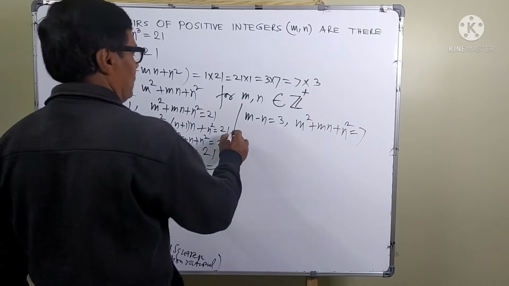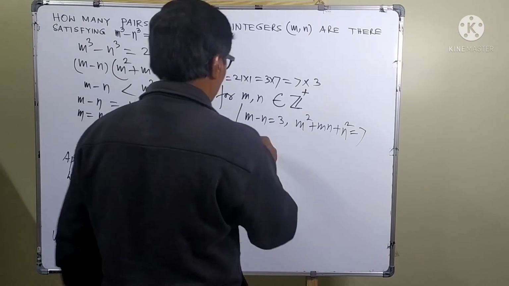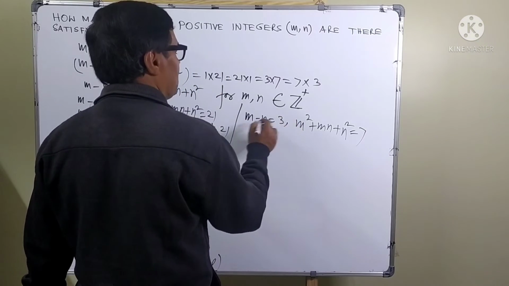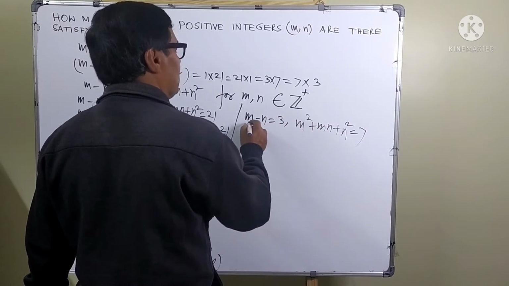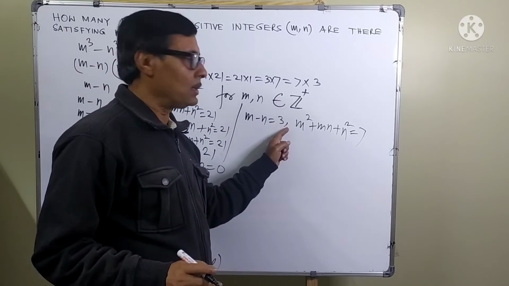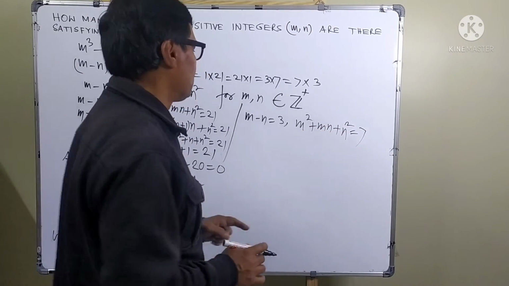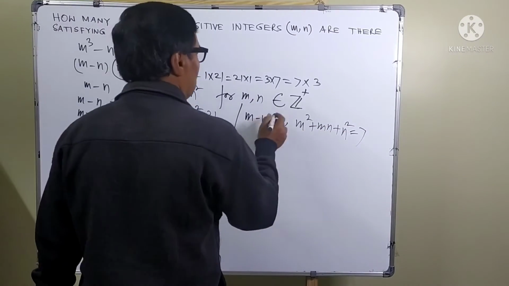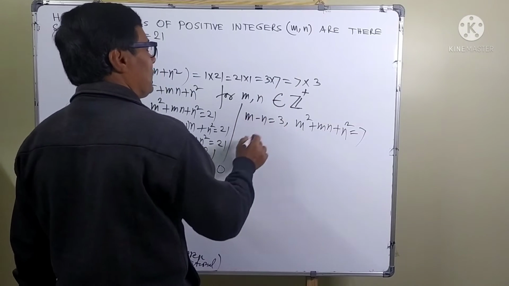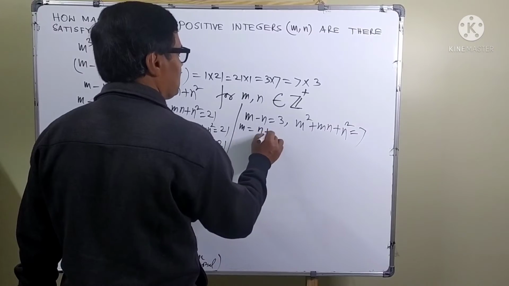Now, we shall go to the second set of equations. Here the second set is m minus n is equal to 3, and m square plus mn plus n square is equal to 7. Here also we can express m in terms of n, so m is equal to n plus 3.